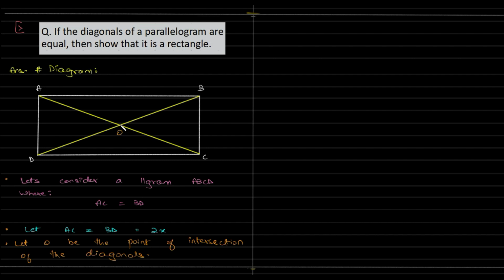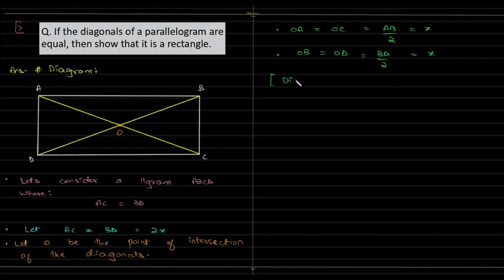Okay, so if this is a point of intersection, then what can we tell? Then we can tell that OA will be equal to OC, which will be equal to AC by 2, which will be equal to x. And on the same line, OB is equal to OD, which is equal to BD by 2, which in turn will be equal to x.